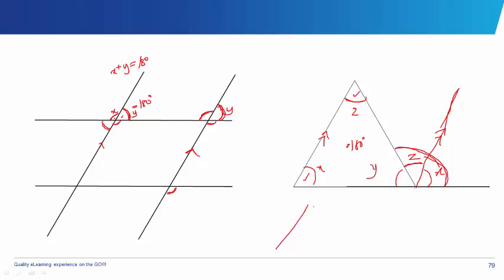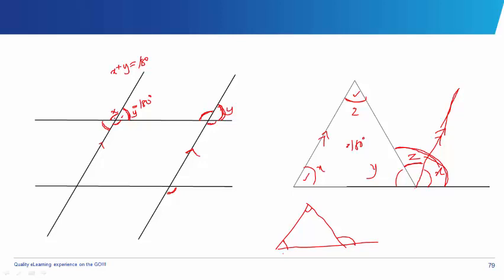I hope that's clear. That means you have a triangle, this angle equals this plus this. Now with this formula in mind, you can solve so many questions, and some of them we've done in the past.